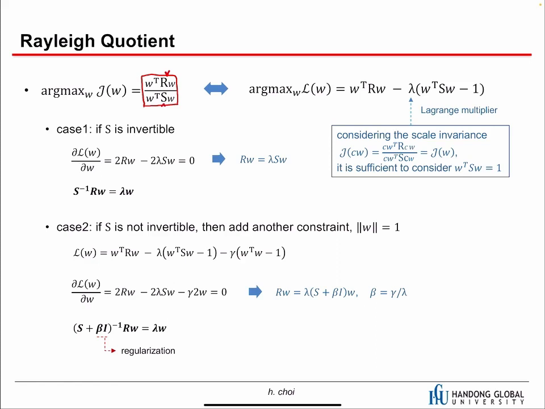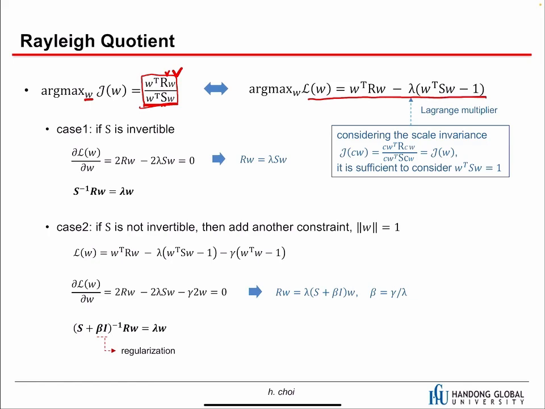It's a special case of a Rayleigh quotient. But in general, we have this term. So to solve this problem, to maximize this Rayleigh quotient with respect to w, this maximization problem is exactly the same as this Lagrangian problem. And look at this one.